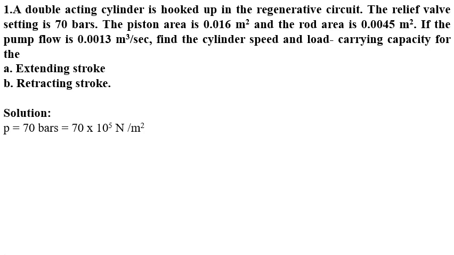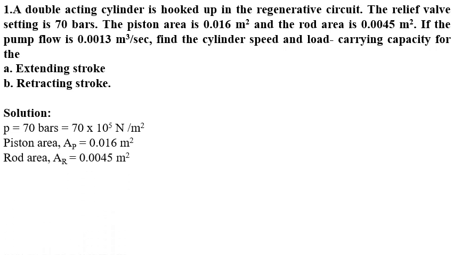So 70 bars becomes 70 into 10 to the power of 5 Newton per meter square. Next, piston area is given. Piston area, denoted by AP, equals 0.016 meter square. Next is the rod area, denoted by AR, that is 0.0045 meter square.